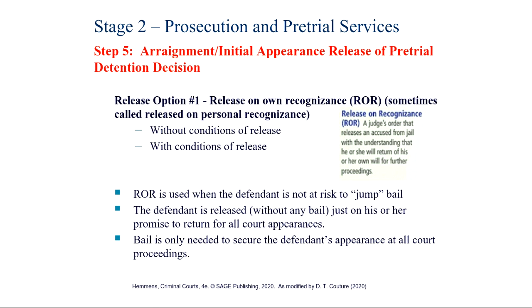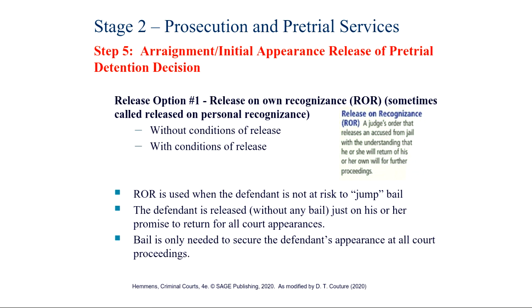Release on personal is either release on personal or release on own recognizance, ROR. They mean the same thing. And the judge basically says, I'm going to trust that you understand that you've made a promise to this court to return for your next court date. The judge can release on personal with conditions or without conditions.